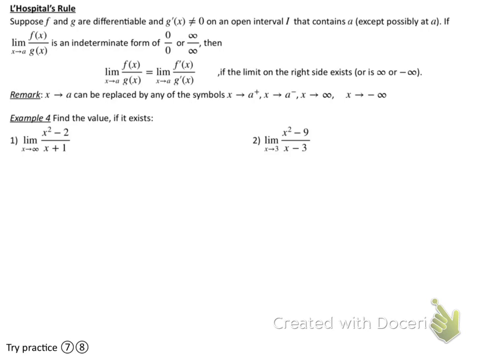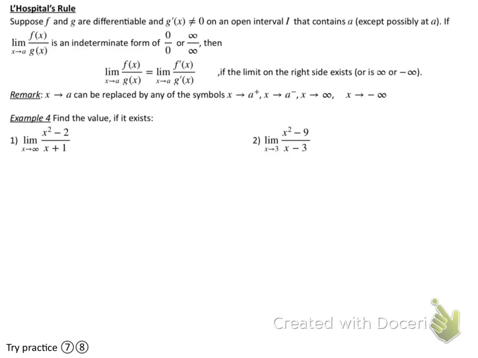If the limit of f over g as x approaches a is an indeterminate form of quotient, 0 over 0 or infinity over infinity, then very importantly, the limit of this quotient is the same as the limit of the quotient of the derivatives.